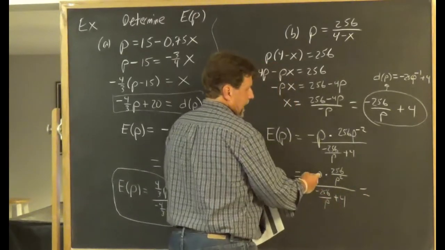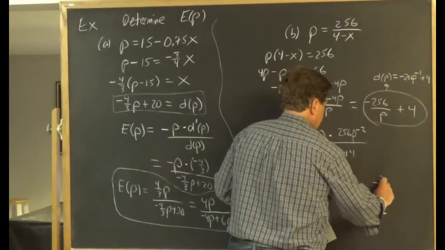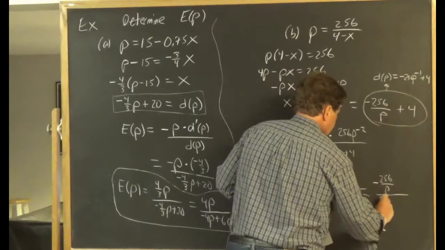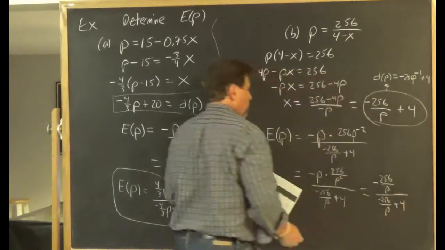Then I see that P will cancel out with one of those P's. So I have a negative 256 over P all over negative 256 over P plus 4.